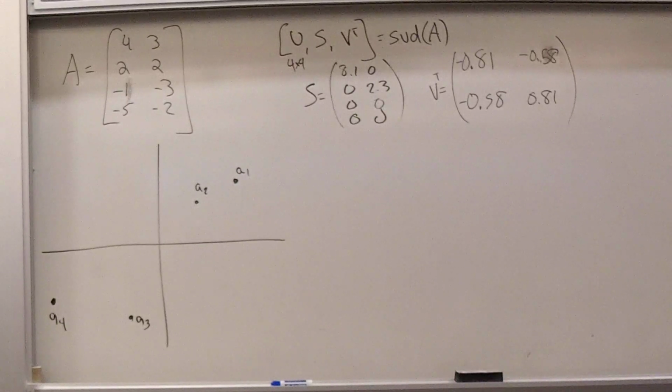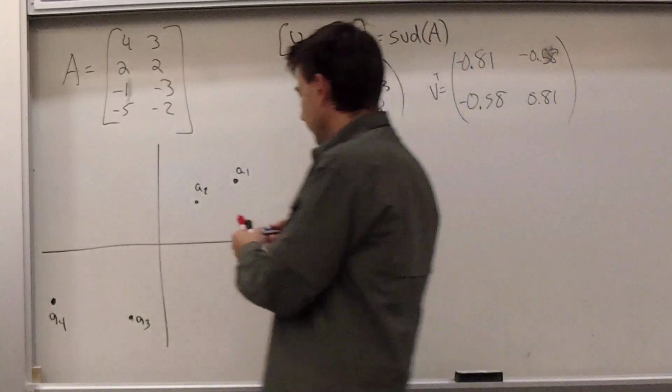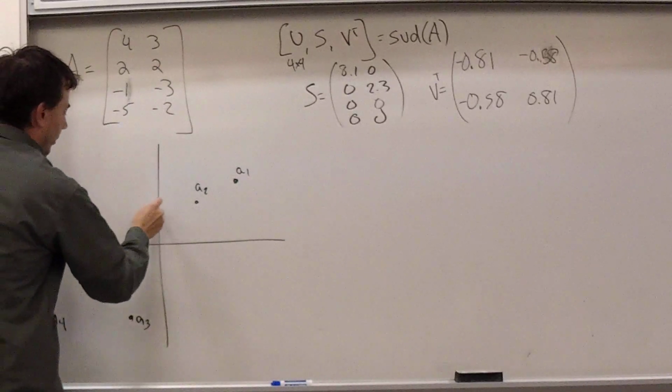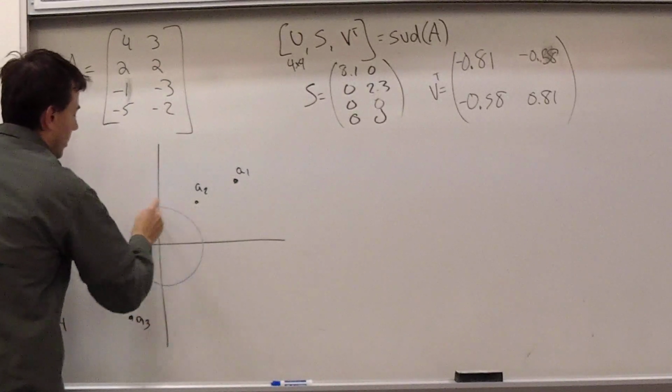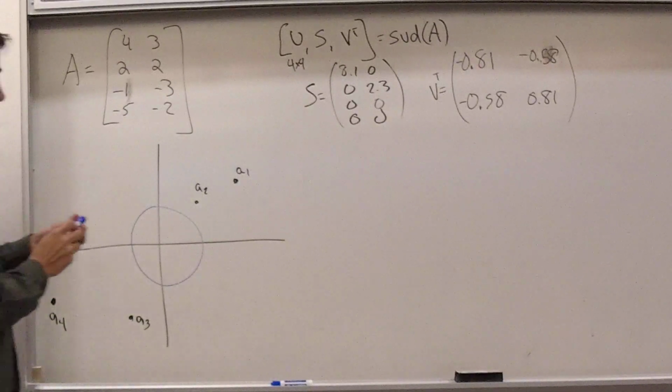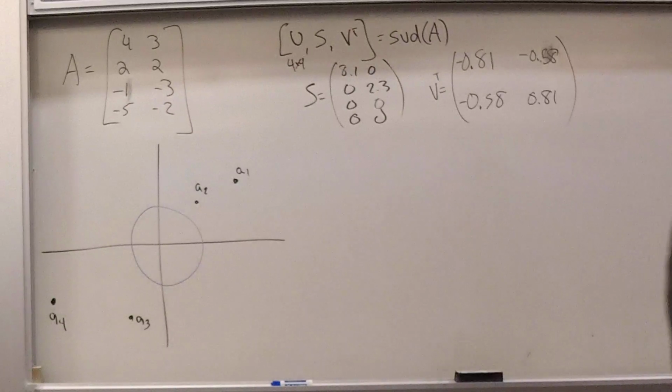Okay, so now I want to think about this in the space of the bases here. And so there's some small circle here. And I want to draw on the circle a few things.